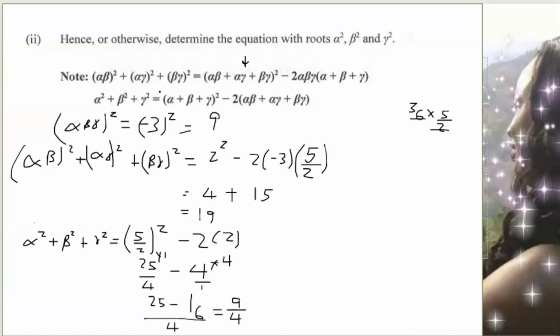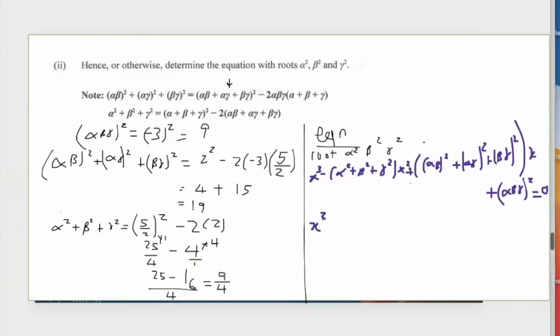The next step is just to substitute this in the cubic form. So for the cubic form, I am going to replace here with 9 over 4. So I will have 9 over 4 x squared, because we found alpha squared plus beta squared plus gamma squared to be 9 over 4.